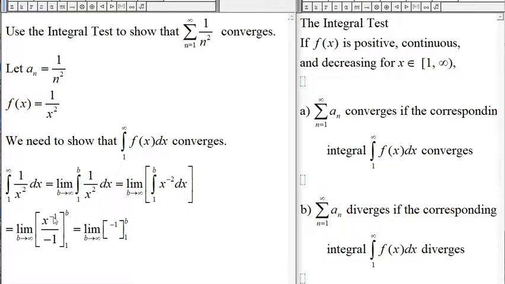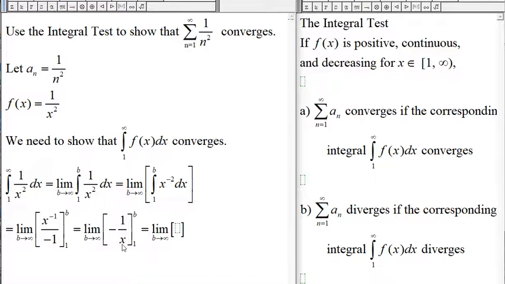X to the negative 1 is the same as 1 over x, so it'll be 1 over x divided by negative 1, which is just negative 1 over x. And then we need to evaluate from 1 to b.